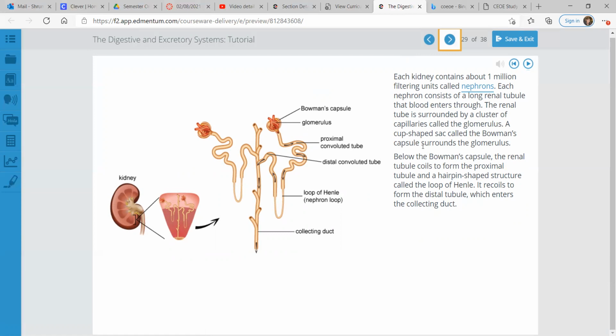A cup-shaped sac called the Bowman's capsule surrounds the glomerulus. Below the Bowman's capsule, the renal tubule coils to form the proximal tubule and a hairpin-shaped structure called the loop of Henle. It recoils to form the distal tubule, which enters the collecting duct.